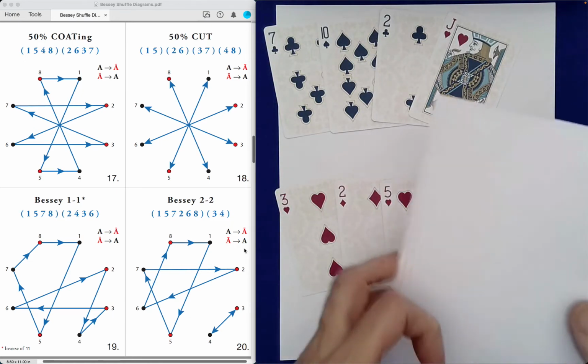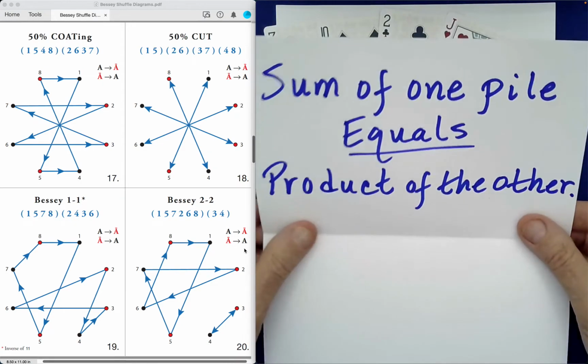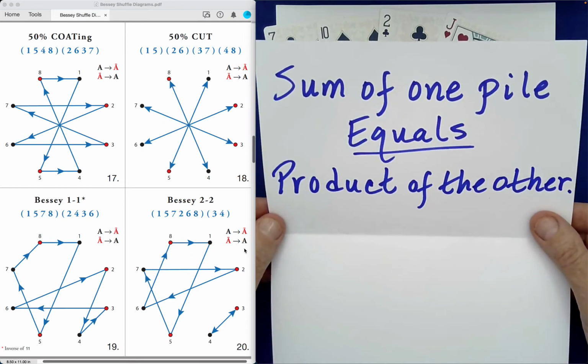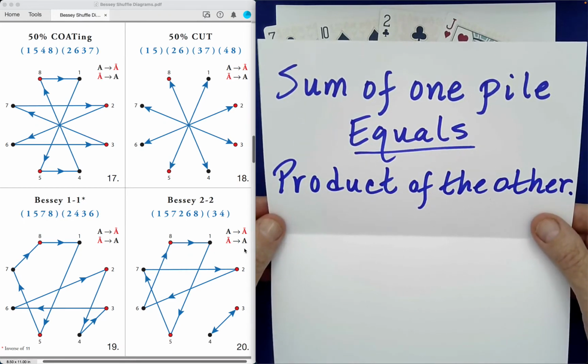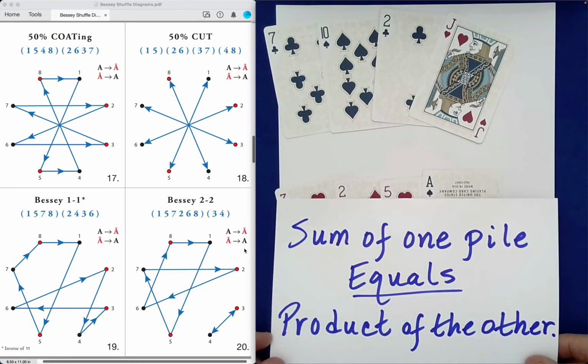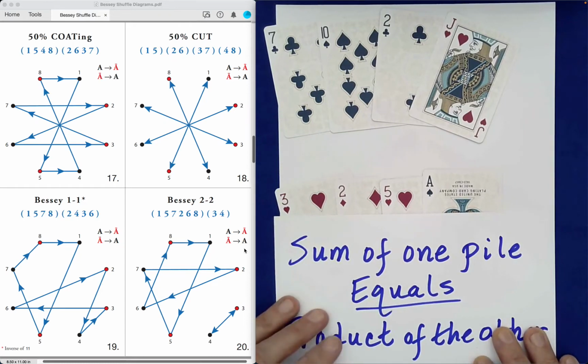So let's see, what was the prediction I wrote? The sum of one pile equals the product of the other. Is that actually true?